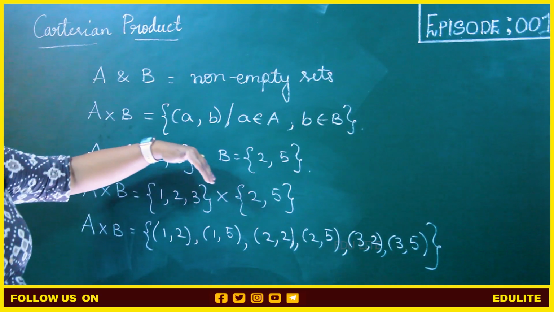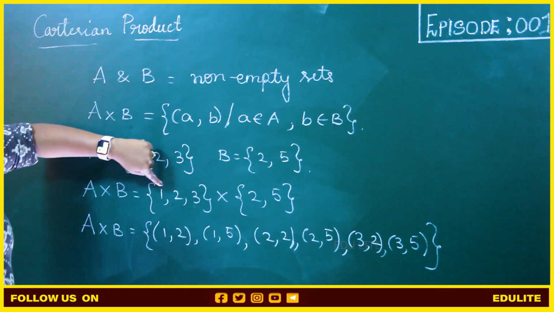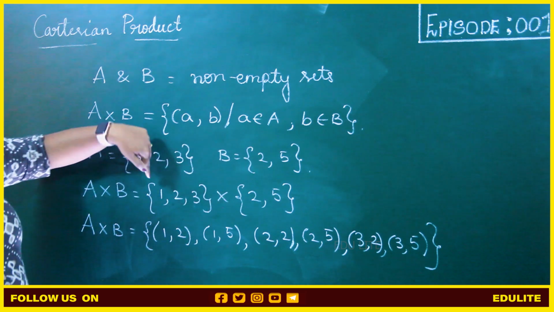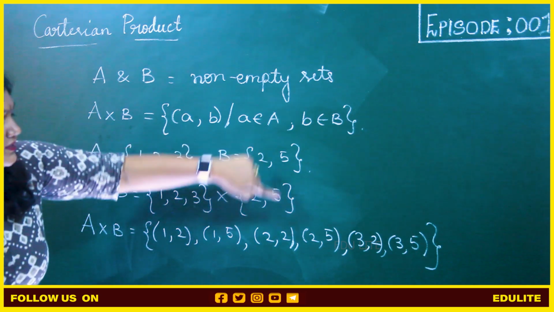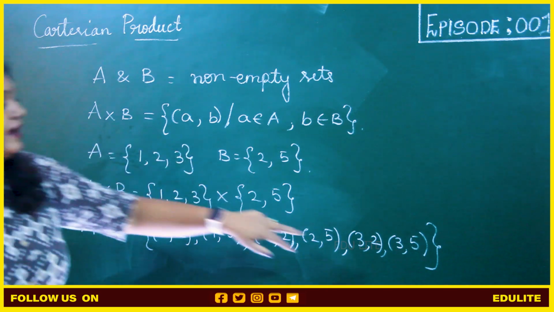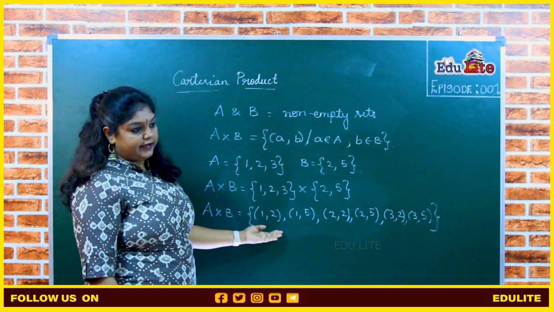And the order shouldn't be changed, because if I take the first element in this set, I have to complete these two elements as ordered pairs. Next, I should move to the second element, and for that element, I have to finish the ordered pairs. Then I have to move on to the third element. I have to write it in an ordered pair format. So this is called A cross B.